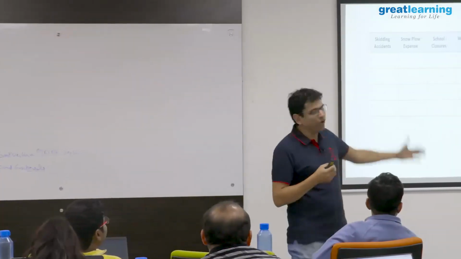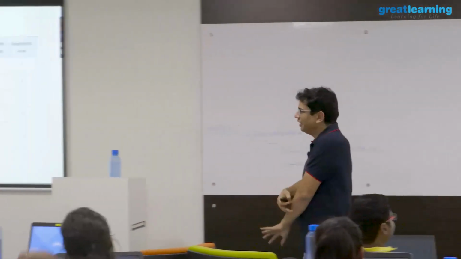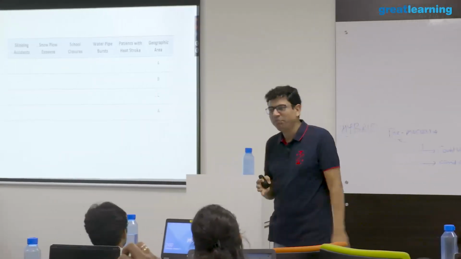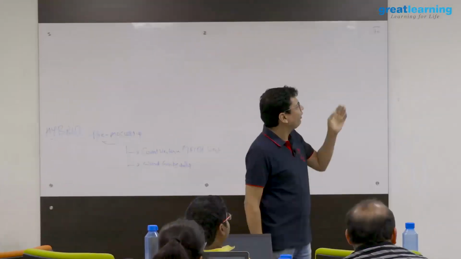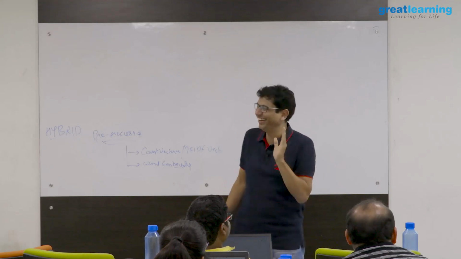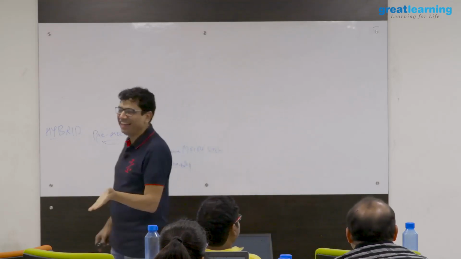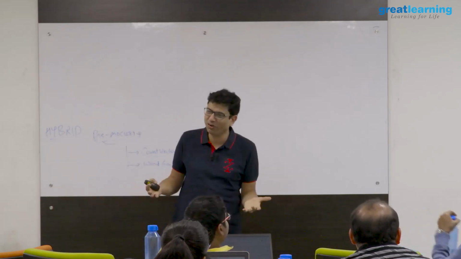If you look at the table, it is 6 variables, or columns in the table. But what does it have to do with patients with heat stroke? It's a good analogy, it's a good thought.